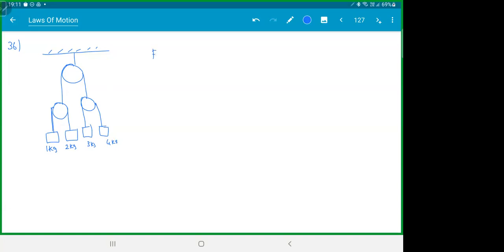Find acceleration of the blocks. All 4 blocks.